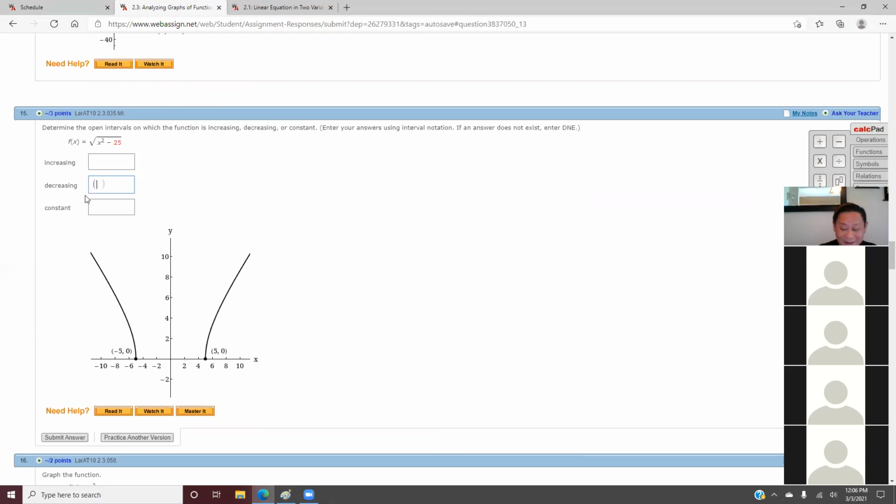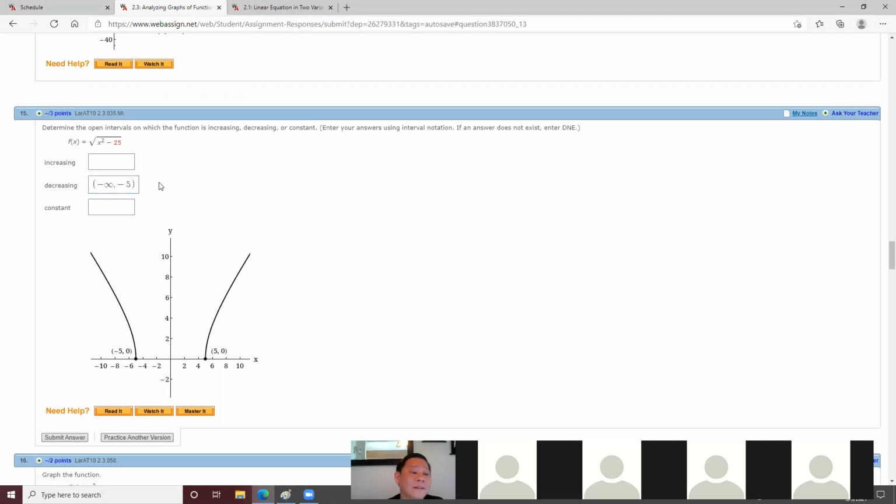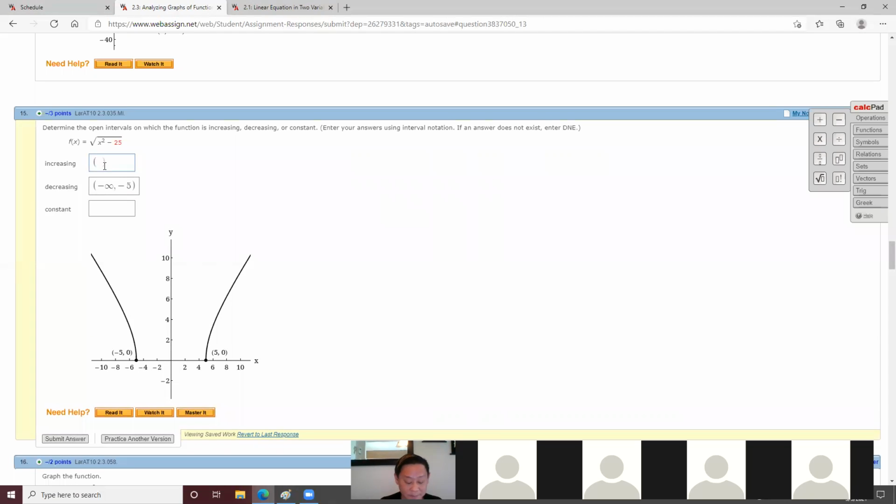So negative infinity to negative 5. Yes. How about this line? Is that increasing or constant? Increasing. And increasing from what domain? 5 to infinity. Yep.